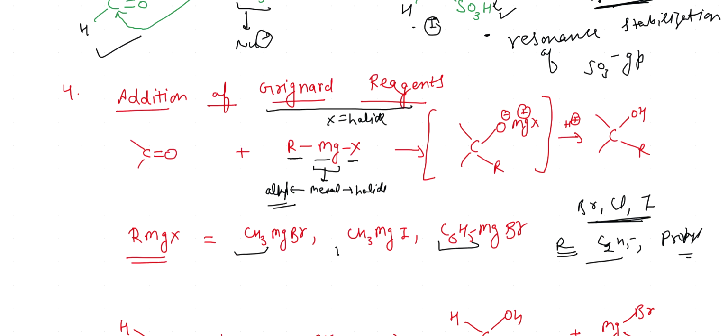Clear? So there is a peculiar property about Grignard reagent, as in this the alkyl group carries the negative charge. The alkyl group carries negative charge when it is linked to any electropositive metal. Electropositive metals have a tendency to lose electrons. When an alkyl group is attached to metal, it acquires negative charge, such as in methyl lithium. In methyl lithium, methyl carries negative charge and the lithium carries positive charge.